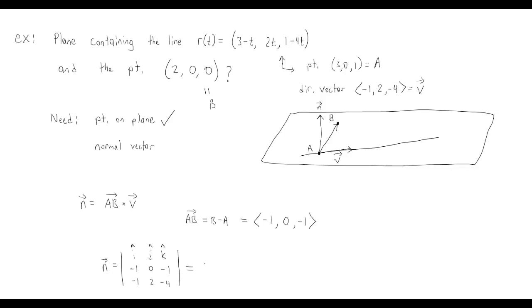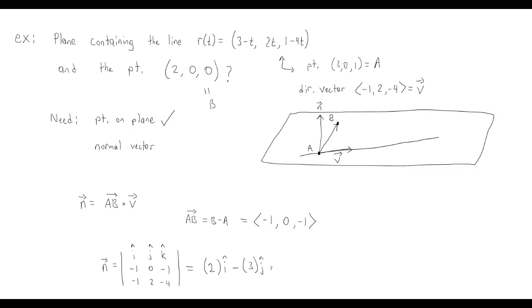Computing the cross product. So we're going to get 0 minus a negative 2, so positive 2, times i. Next is minus. And then we're going to get 4 minus positive 1, so that'll be 3j.